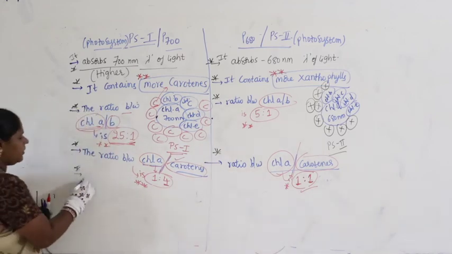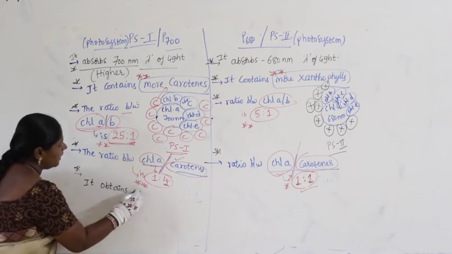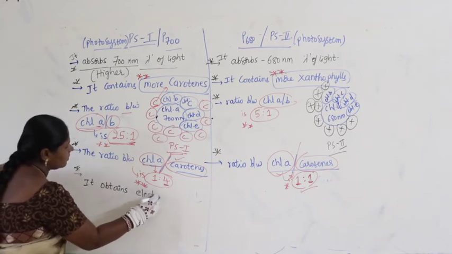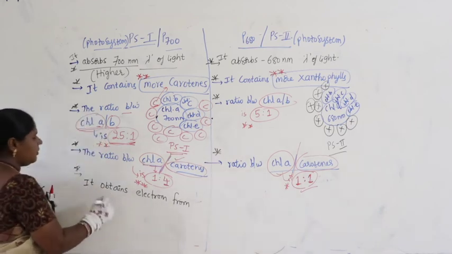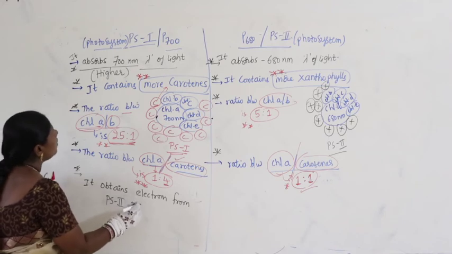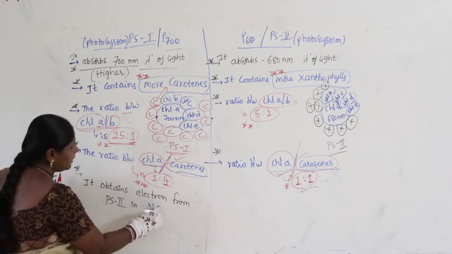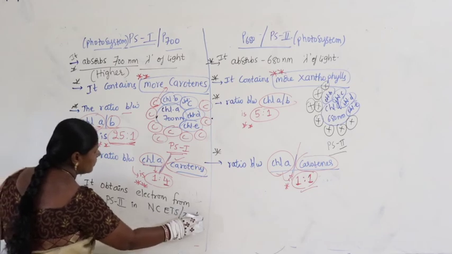Now photosystem 1 obtains electrons from PS2 in the non-cyclic electron transport system or Z scheme.